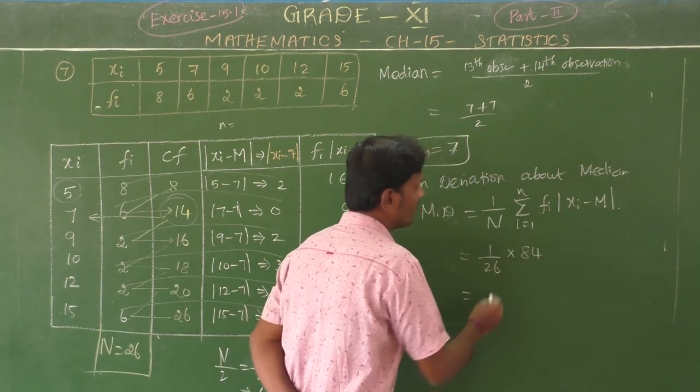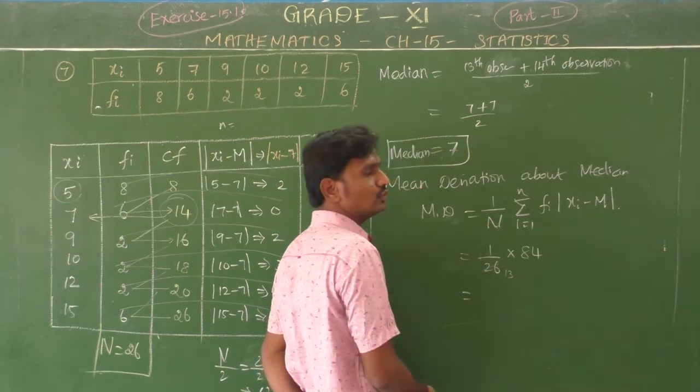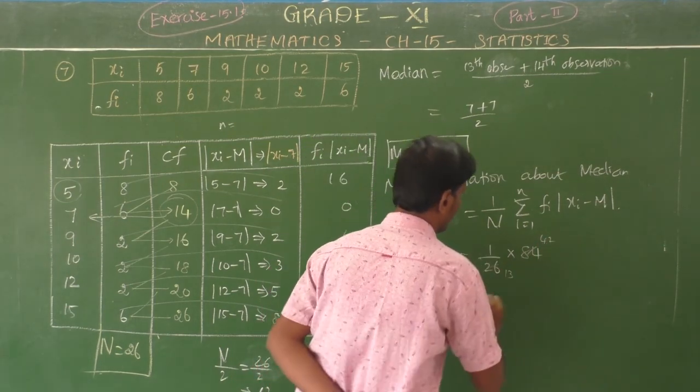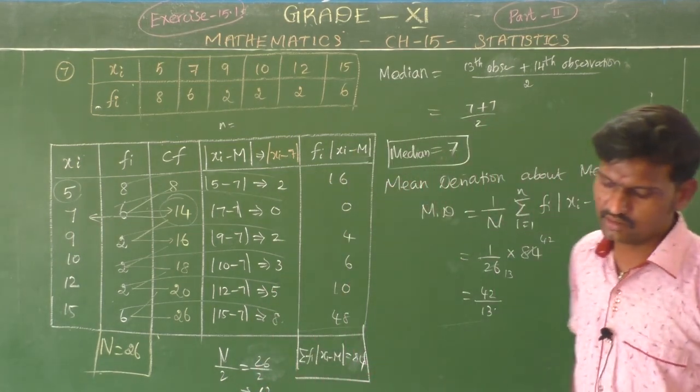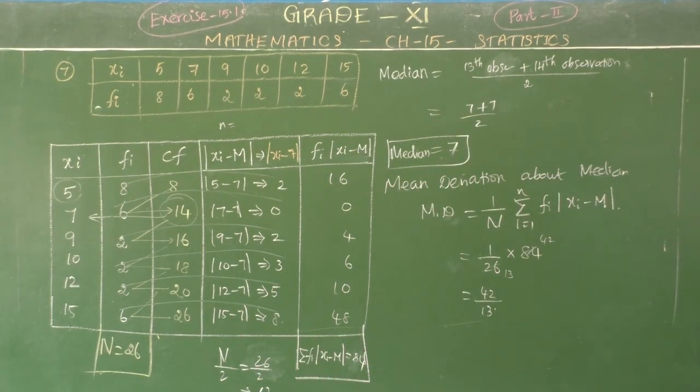Now I am going to divide by 2. 13 here, 42. So 42 divided by 13. Now 42 divided by 13: 13 times 3 is 39, remainder 3.